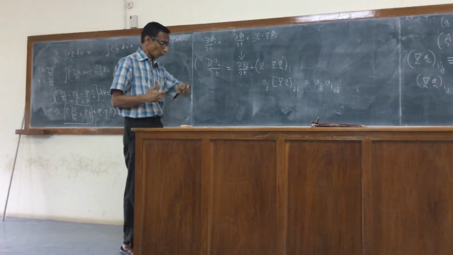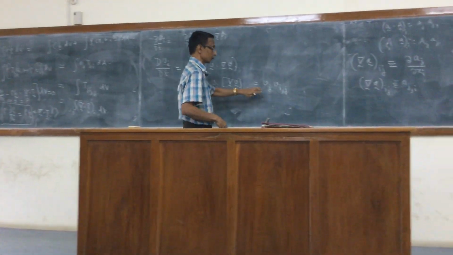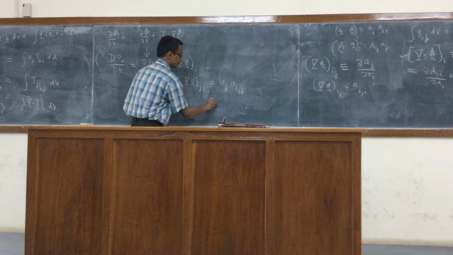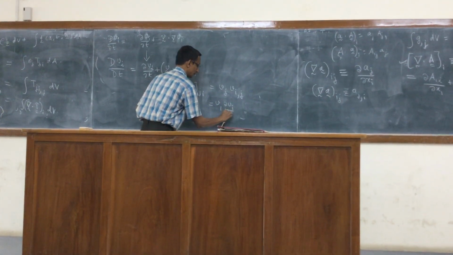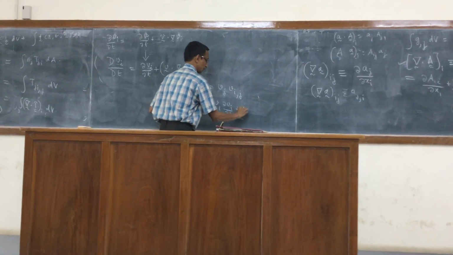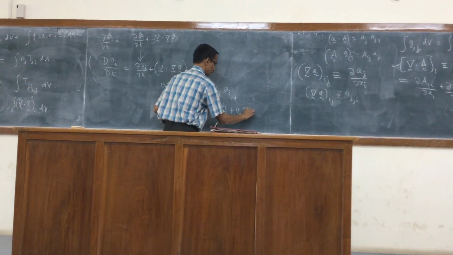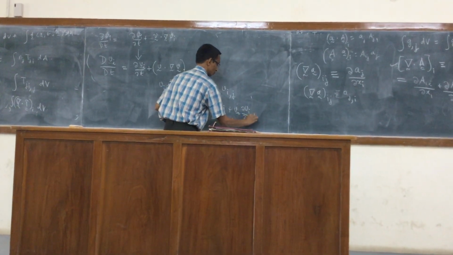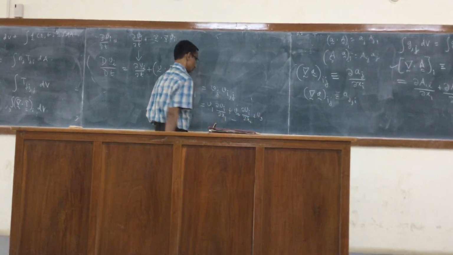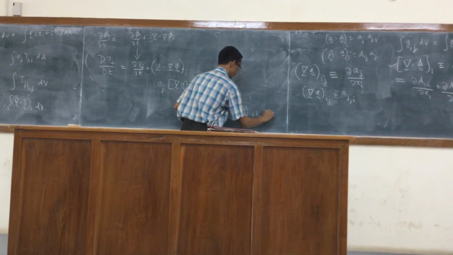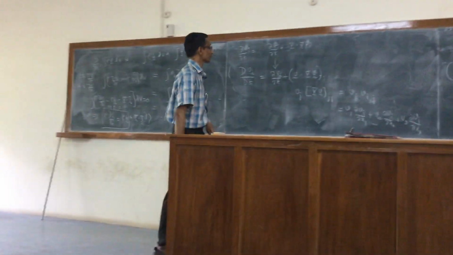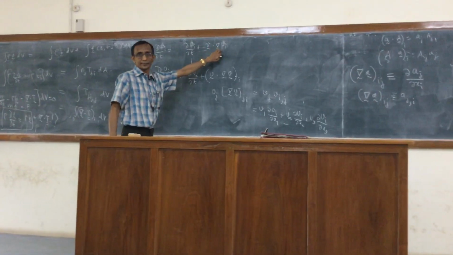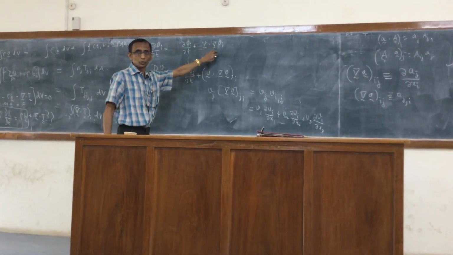So let us write out what this is. You can easily write it out: this is B1 dBi by dx1 plus B2 dBi by dx2 plus B3 dBi by dx3. That's what it is. Now let us check this. This is very easy to do.